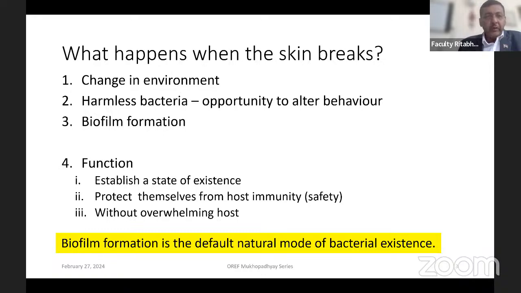The importance of the biofilm is that it helps the bacteria form a colony of their own. It protects them from the host immunity, as Dr. John Sir said. And the ultimate aim of the biofilm is not to overwhelm the host. They want to coexist with the host. If they overwhelm the host, they too will go along with the host.